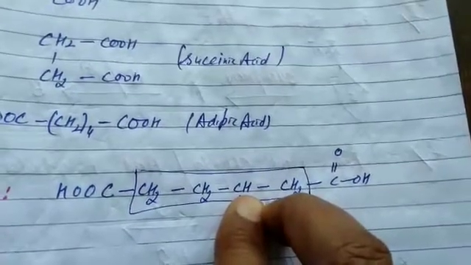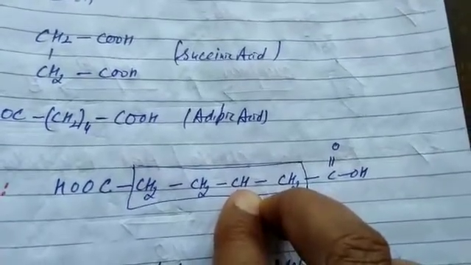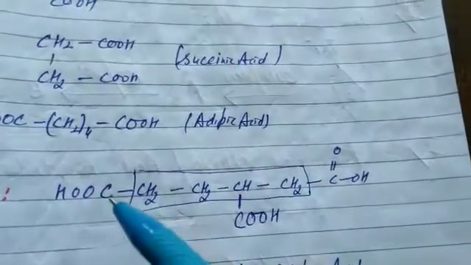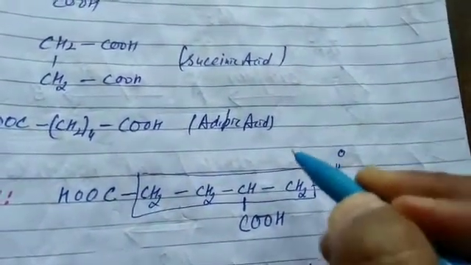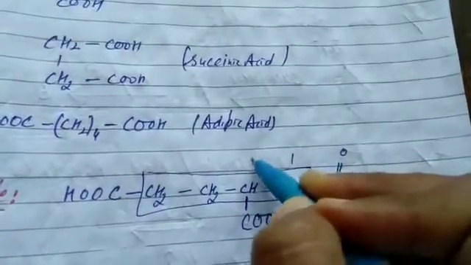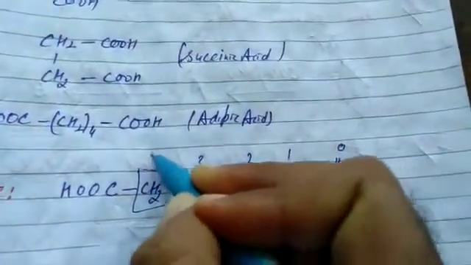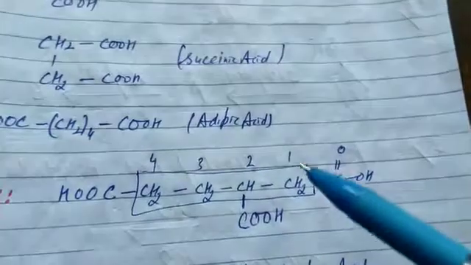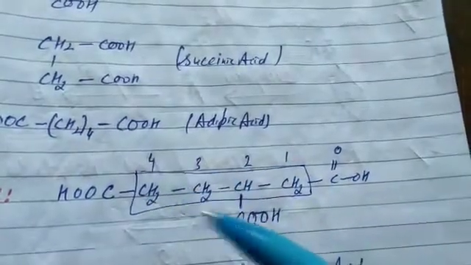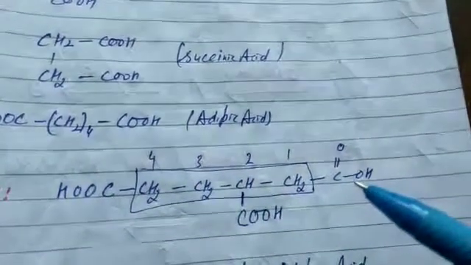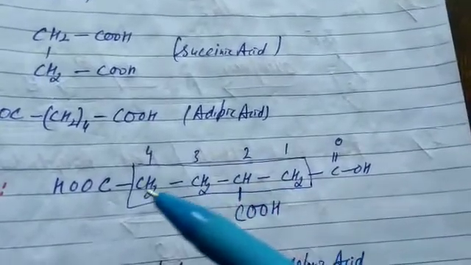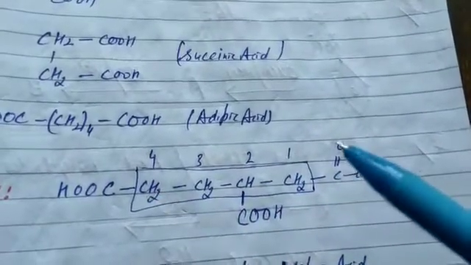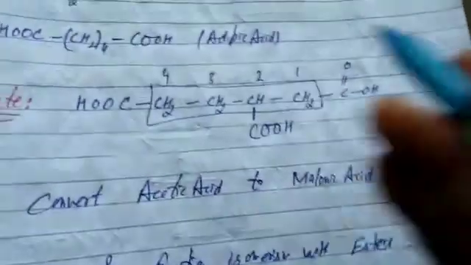When the identical functional group repeats more than 2 times and it contains carbon, no one is the part of parent chain. Now we will number from this end: 1, 2, 3, 4. It's the chain of 4 carbon. Butane 1, 2, 4 tricarboxylic acid.